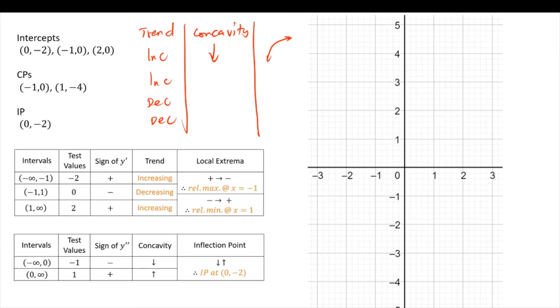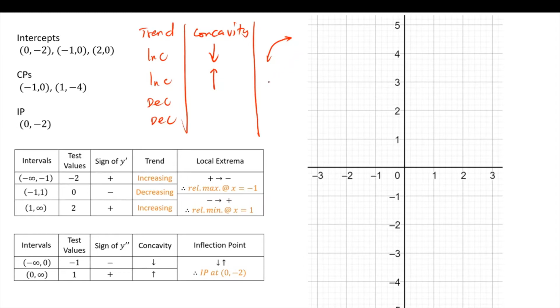So increasing, it goes upwards from left to right, but the concavity is downwards. And then increasing coupled with an upward concavity, then it's still going upwards from left to right.